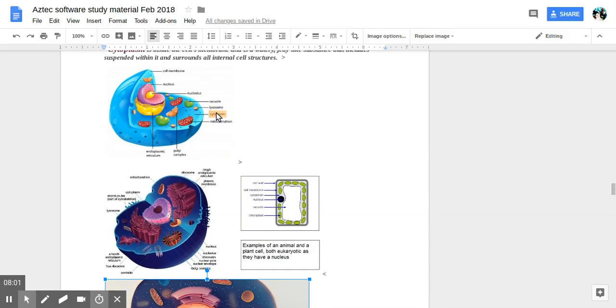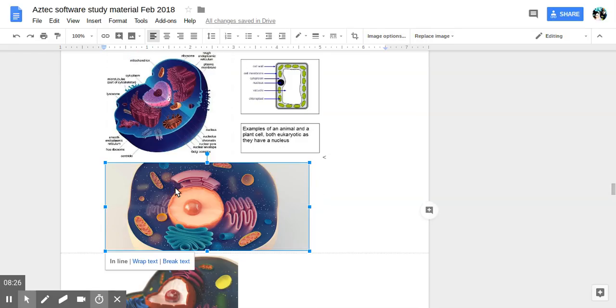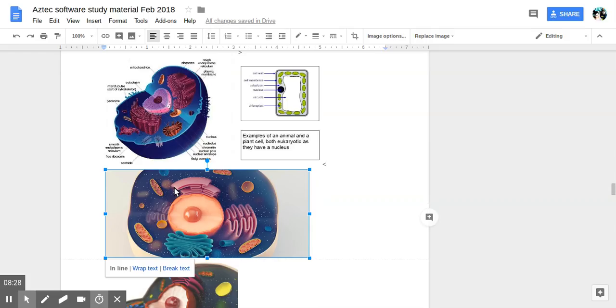Some of the organelles are mitochondria, lysosome, vacuole, which are different in plant and animal cells, the nucleus, which is the biggest organelle, the endoplasmic reticulum, and the Golgi complex. Those are the major organelles inside the cytoplasm of cells. Some more cool 3D diagrams.